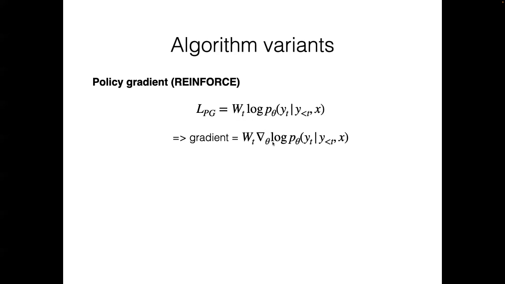And when you take the gradient, it's basically saying that we're weighting the gradient of the log probability times this weighting term. So in the RL lecture, I talked about how this could be the reward for the given step. But on the next slide, we're going to look at various options that you have for actually choosing how you use the reward in this update.